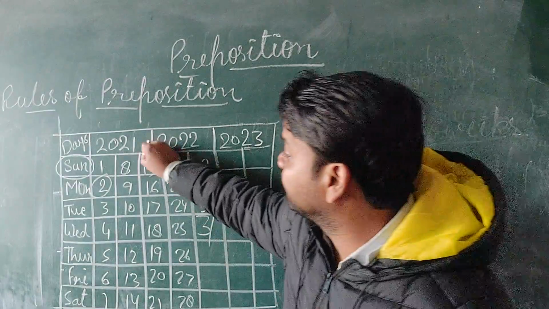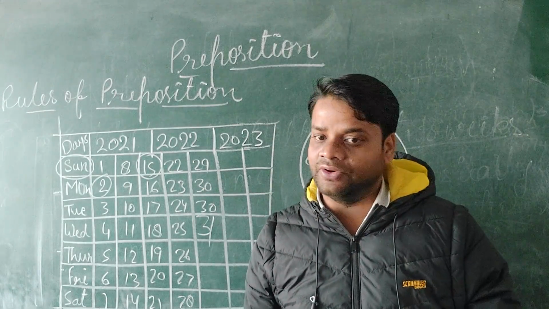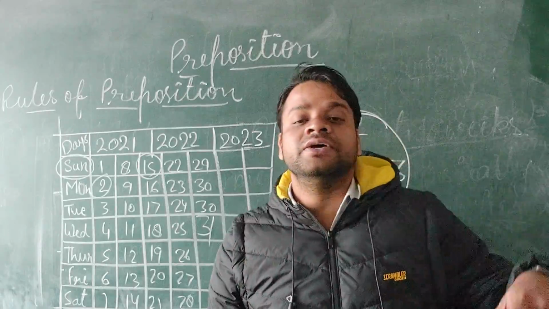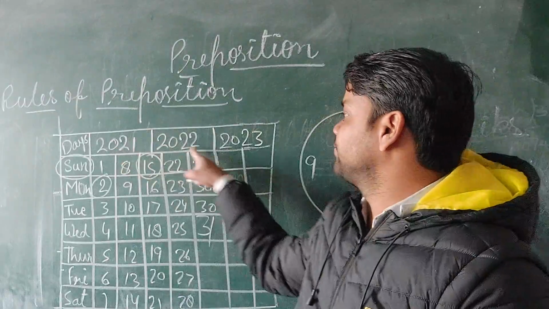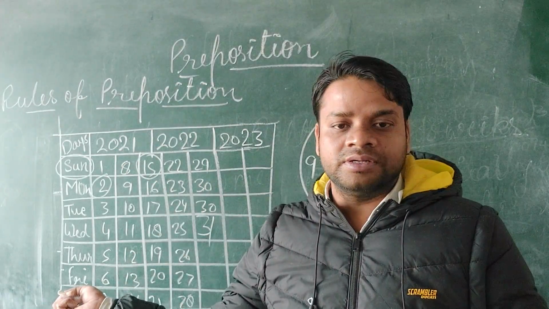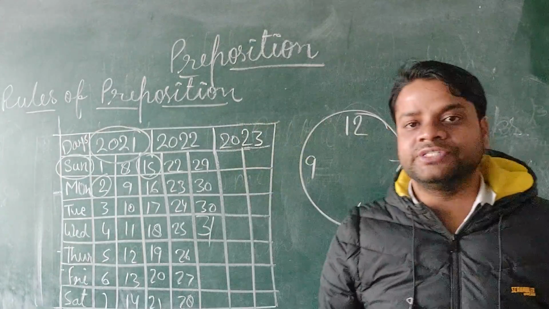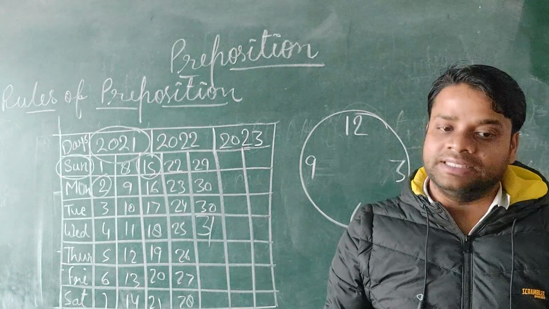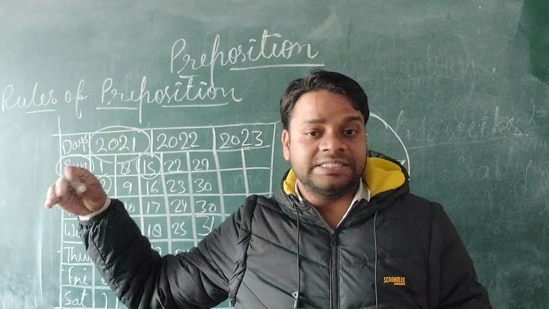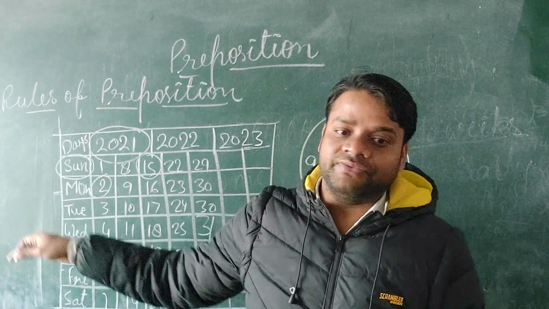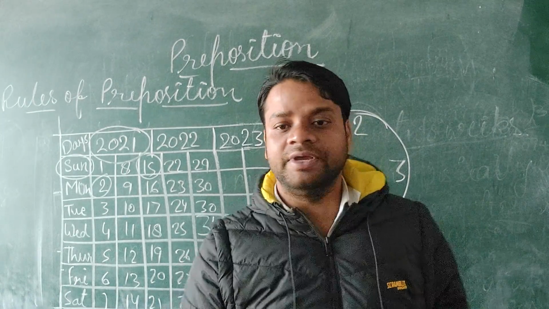But if I say 15th of January, there we will say since. If I say for 10 years, which 10 years are we talking about? Not sure. But if I say 2021, it is very clear, so there we will write since. If I say for so many weeks, which weeks are we talking about? Not sure, so there we will write for. So very clear and very easy to understand.